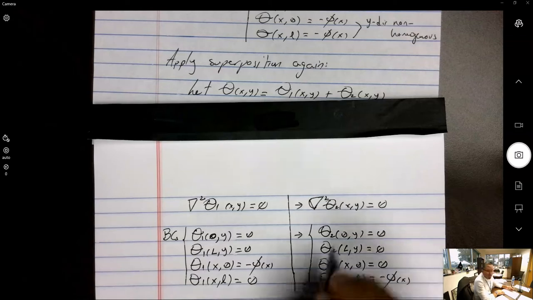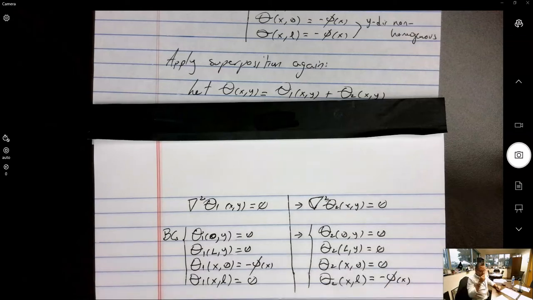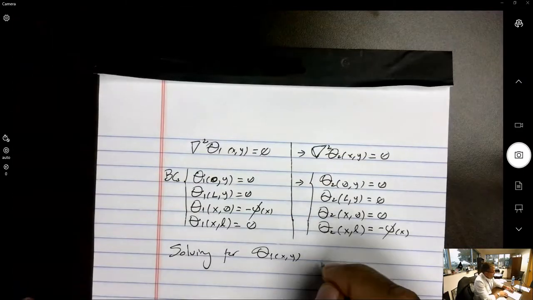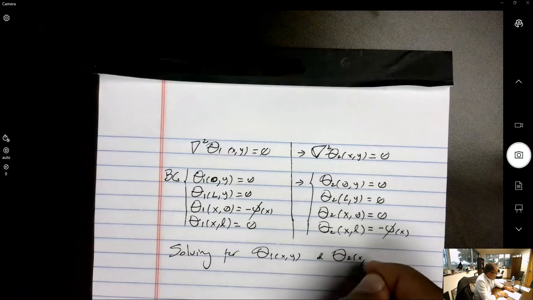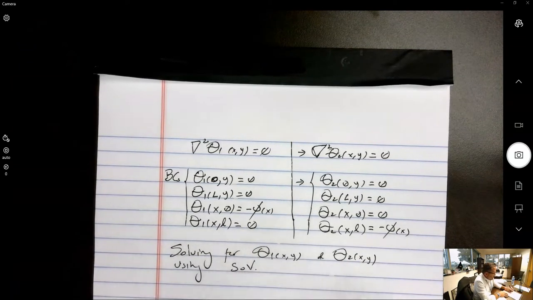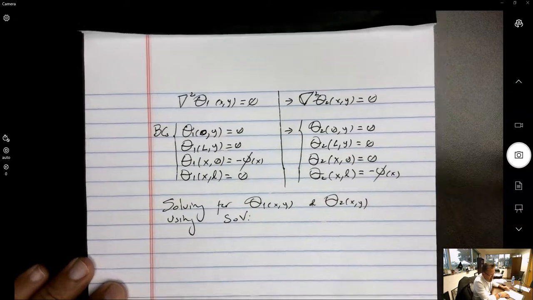And now I have two problems, each of which I can solve using separation of variables. So solving for theta 1 and theta 2 using separation of variables leads to the following.